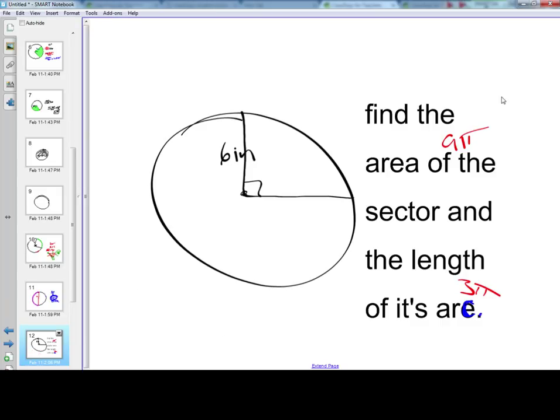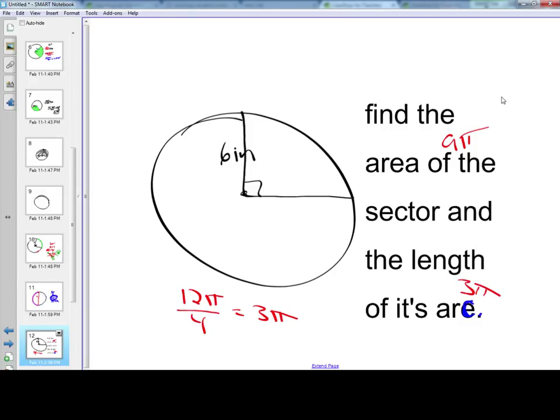Okay, so circumference is diameter times pi. The diameter is 12, but we have 90 degrees here, which is a quarter of the circle. So I just divided it by 4, so that is 3 pi. How do you know to divide by 4?